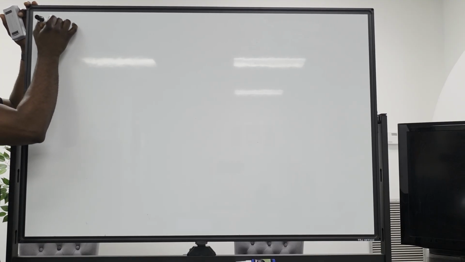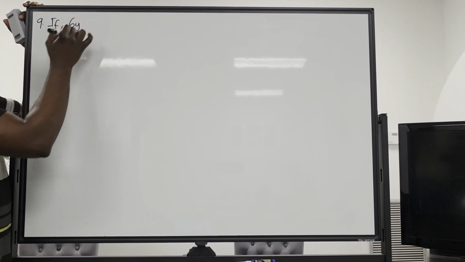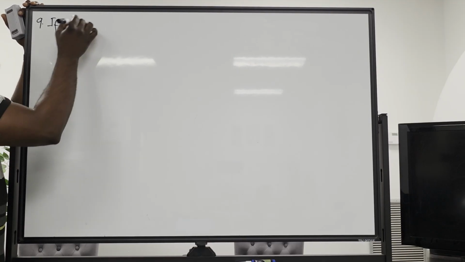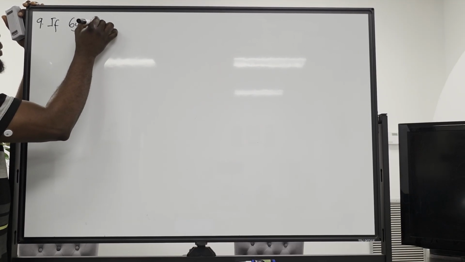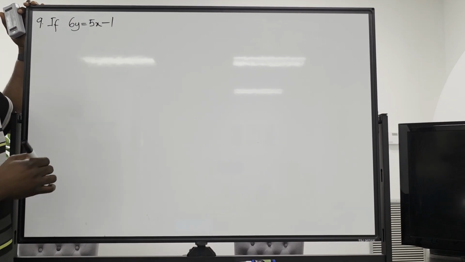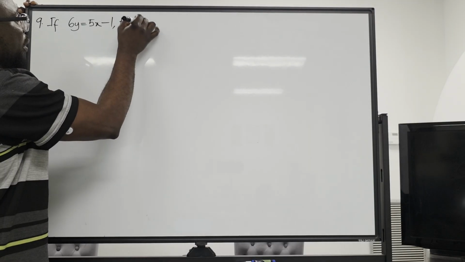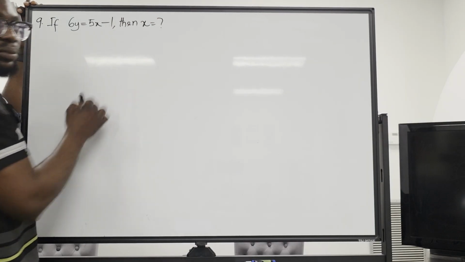Question 9 says, if 6y is equal to 5x minus 1, then x is equal to what?